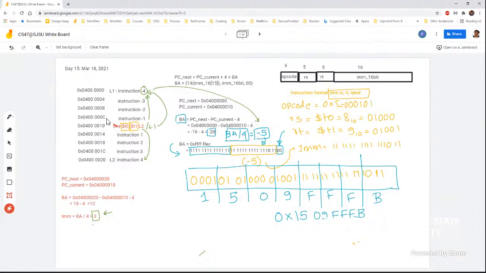So in the previous instruction 4, add 1 more, 5, make it negative. That becomes my immediate, -5. Now, if it is a forward jump, count the instructions and reduce by 1. In this example, it is jumping forward 4 instructions, reduce by 1, which is 3. That becomes your 16-bit immediate. Question?